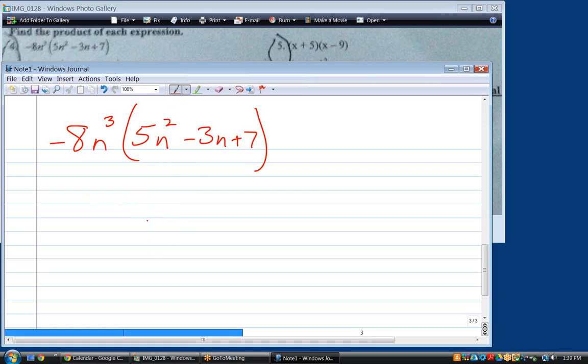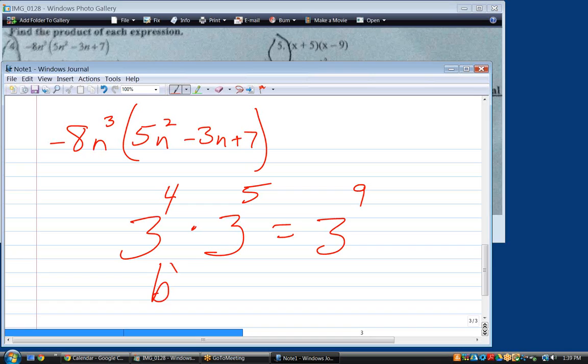If I have any number and I multiply it by the same base, different exponent, what does that equal? That would be 9 to the 9. It's 3 to the 9th. In other words, b to the x times b to the y is equal to b to the x plus y.